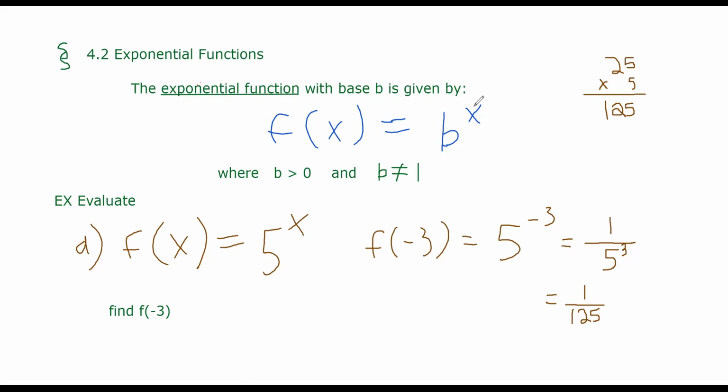So the domain of the exponential function is going to be all real numbers, negative infinity to positive infinity. This also means that negative 3 comma 1 over 125 is a point on the graph of 5 to the x here. So you can deal with negative exponents. We have a system for doing that.